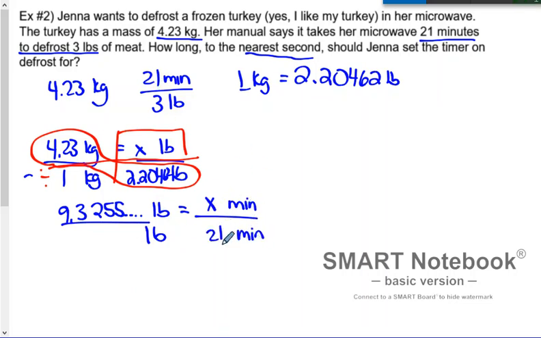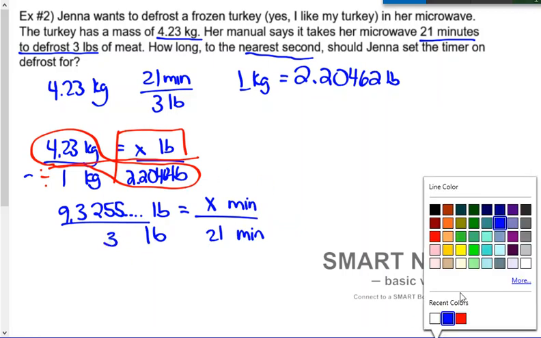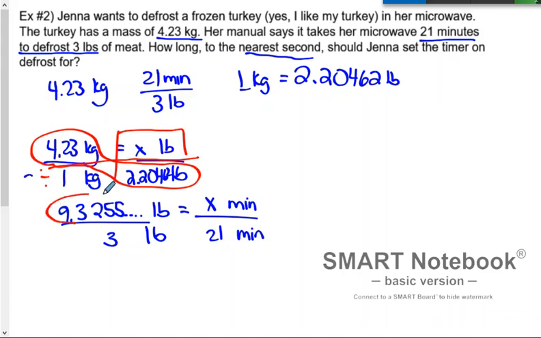And 21 minutes will defrost 3 pounds. So proportion is set up. I'm looking for this one, so I will divide by this. So I'll do 9.3255, that number that I got in my calculator, times 21, then divided by 3.